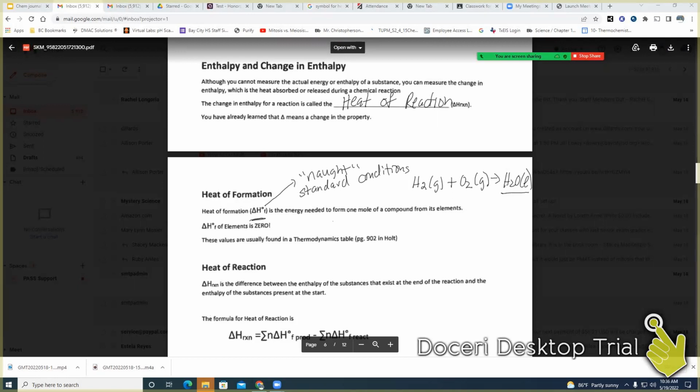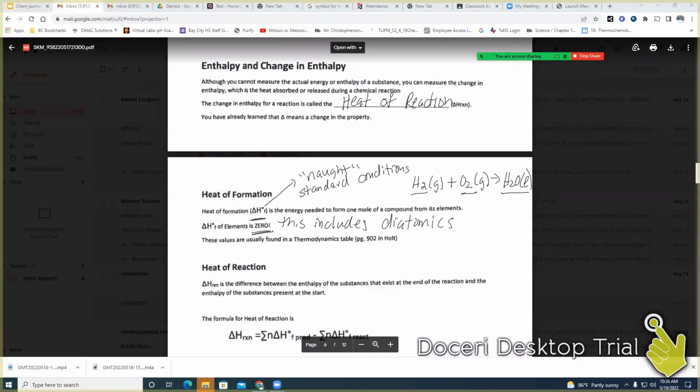Water is my compound, and these are the way that those elements usually exist. It's their standard way to exist. The delta H of all elements is going to be equal to 0, and this includes diatomics.